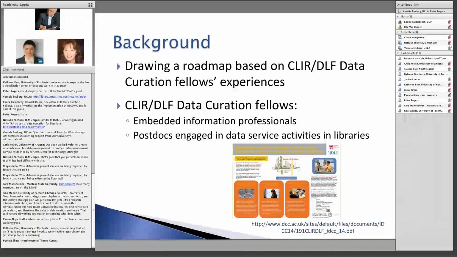There is a lot of expertise in the library that can be adjusted to be applied to data management. And so Natsuko and I have incorporated some of our experiences into this short presentation. And Natsuko will take it from here to discuss why we think about building research data services as a roadmap.